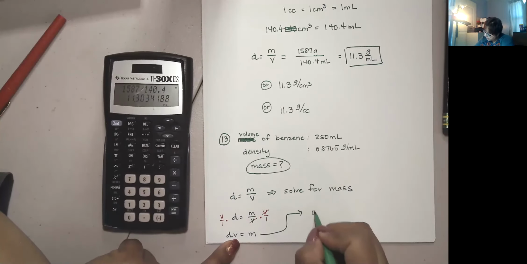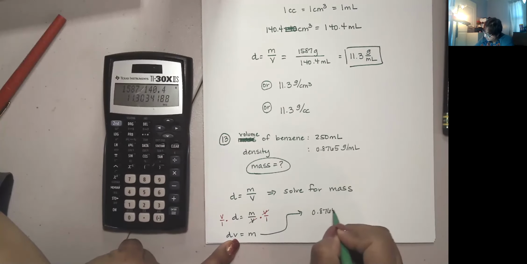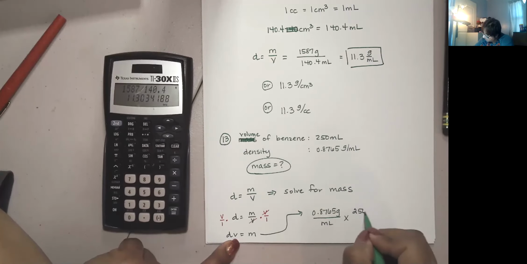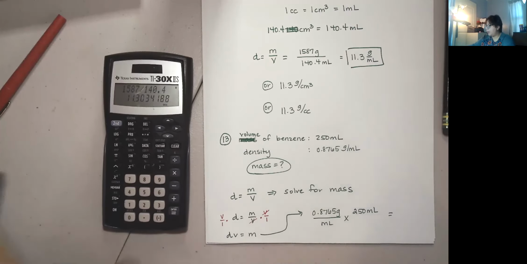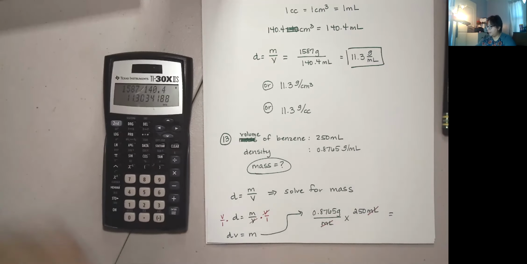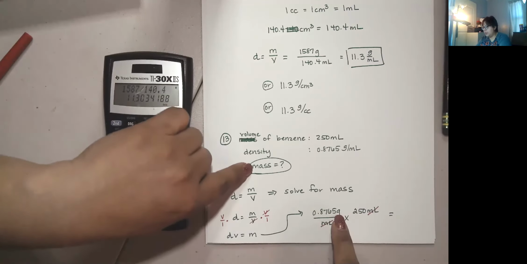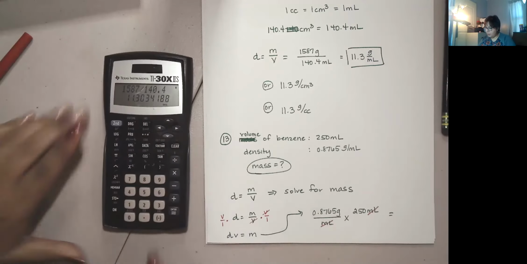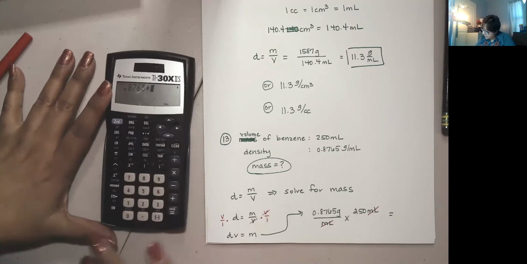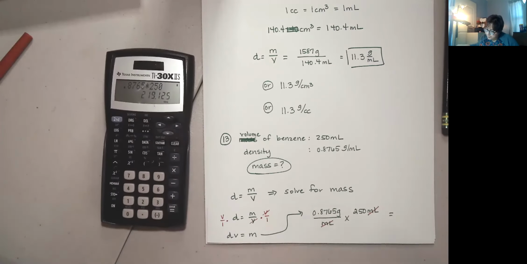So the density is 0.8765 grams per ml times the volume is 250 ml. And watch this, mils and mils will cancel, leaving us with grams, which is the mass unit that we're looking for. So 0.8765 times 250.